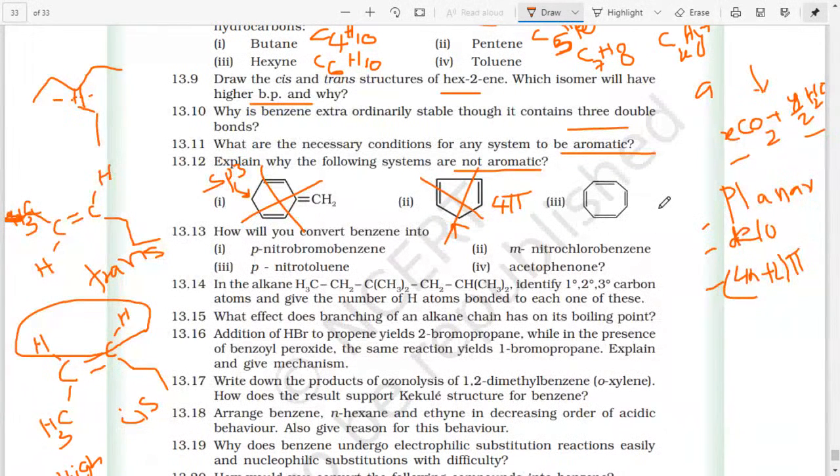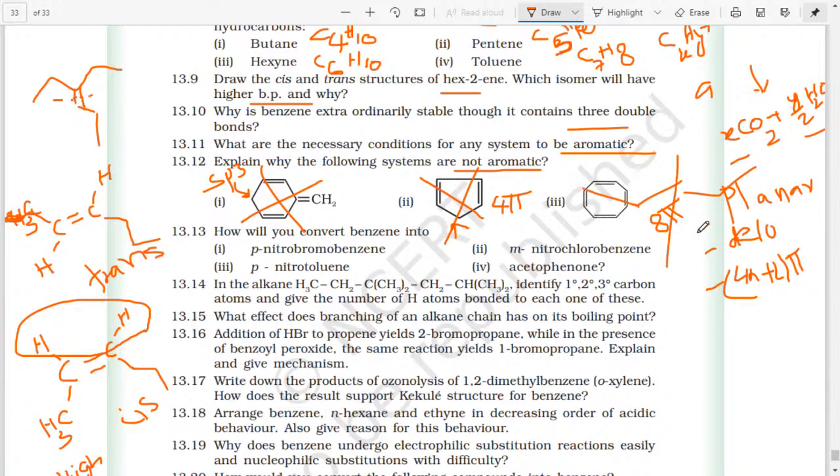What about this? It is planar, all are sp2. First condition is matched. Delocalization, yes, it is possible, but how many pi electrons are there? 1 2 3 4 5 6 7 8, 8 pi electrons containing compound is not going to be aromatic.